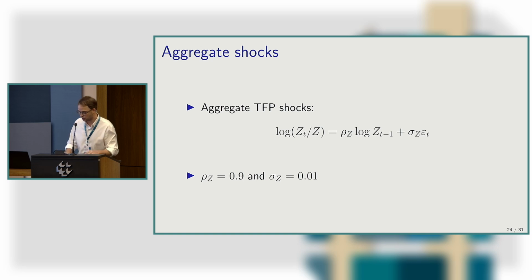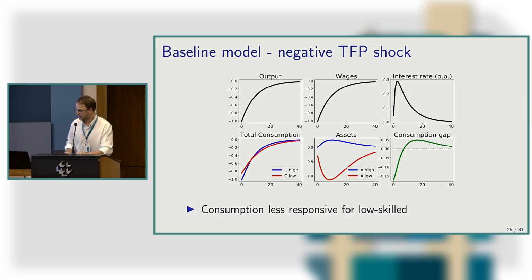Here I assume, as I mentioned, that we have these exogenous TFP shocks, which take the form of an AR1 as well. And here is the response of the model to a negative TFP shock of 1%.